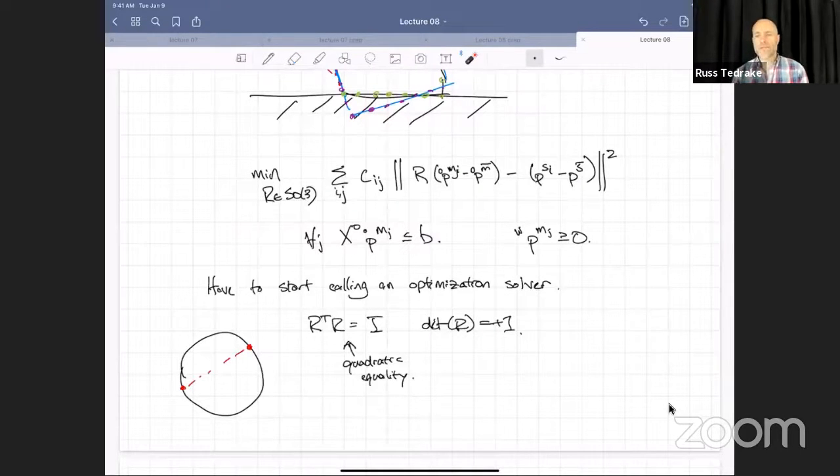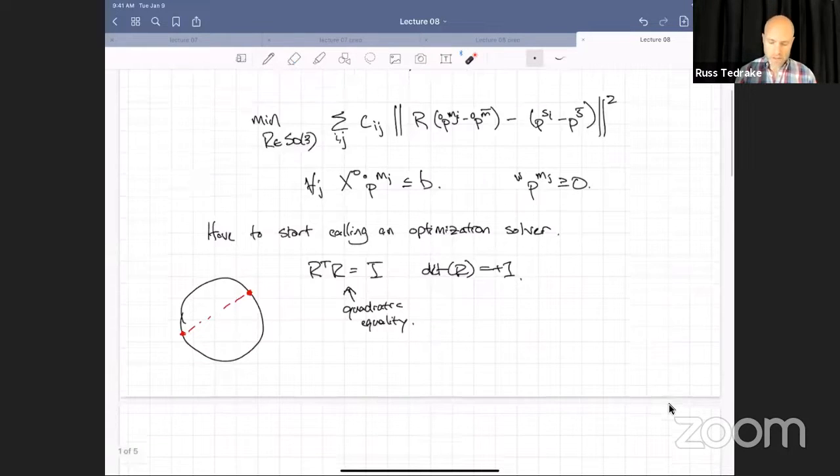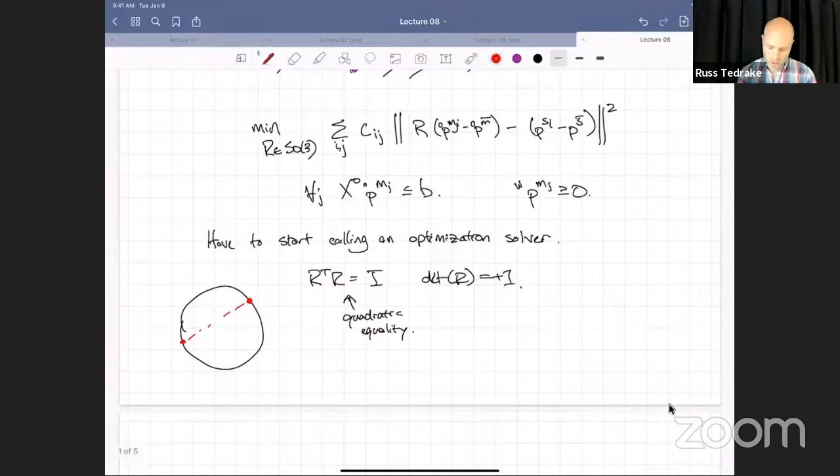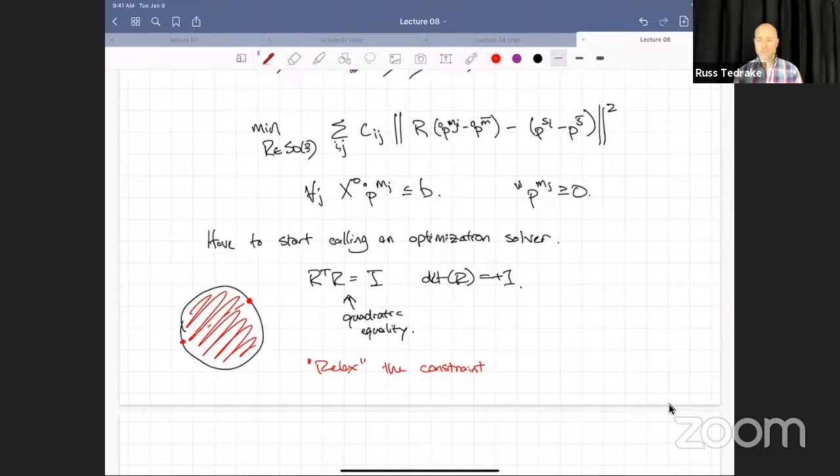So this is where we have to start doing the relaxations in order to hand them to our solver. So we're going to relax the constraint to, in this picture, the unit disk. So I'm going to say, let's pretend all of those values are viable. And now suddenly my optimization is over a convex set.